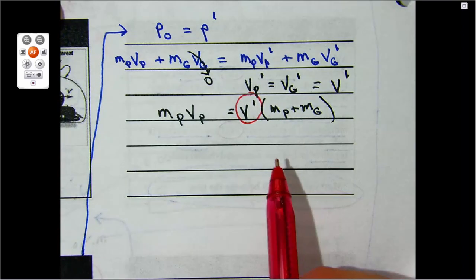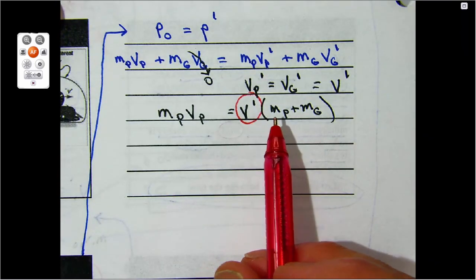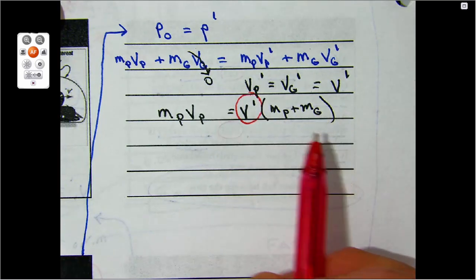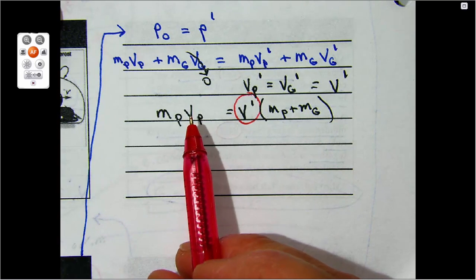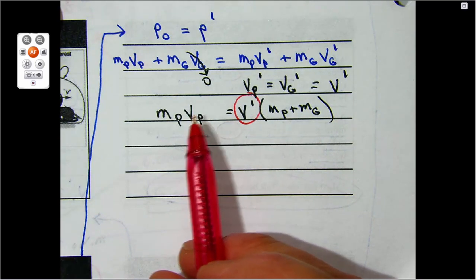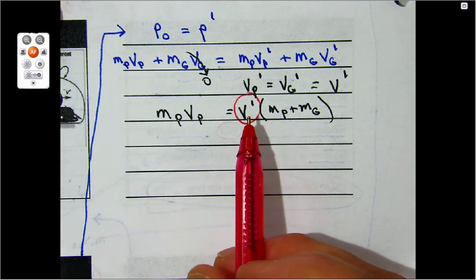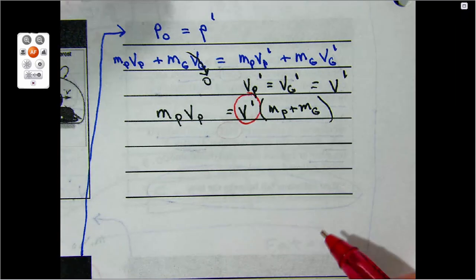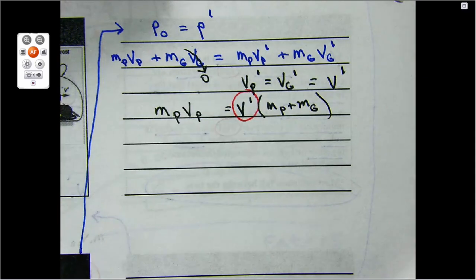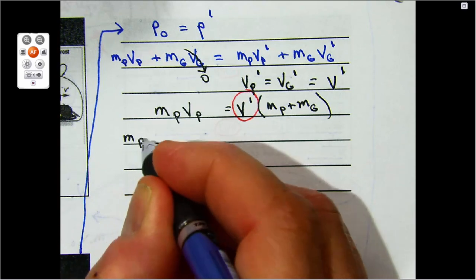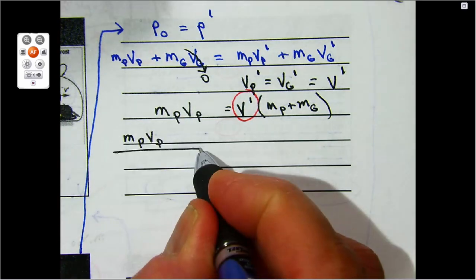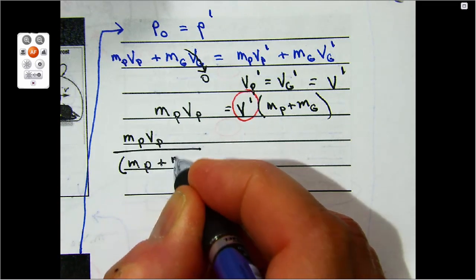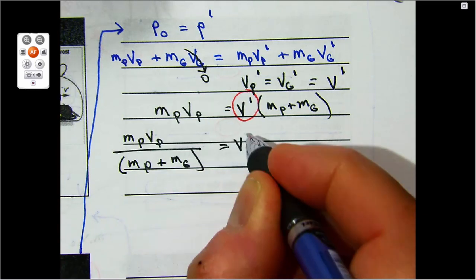But this is just like our example where this was the mass of the ball plus the mass of the catcher when you use conservation of momentum. This was the ball coming in, then it was going to have a velocity after the catcher and the ball end up with the same velocity. So we're looking for this: the mass of the puck times velocity of the puck, divided by mass of the puck plus mass of the goalie, equals V prime, right?